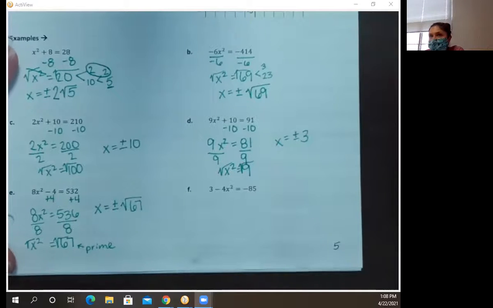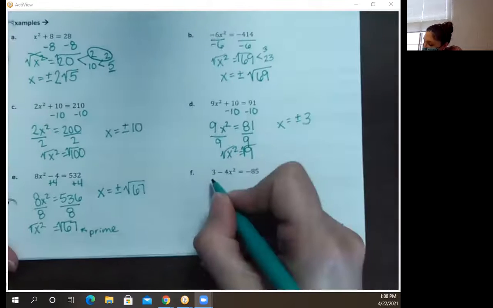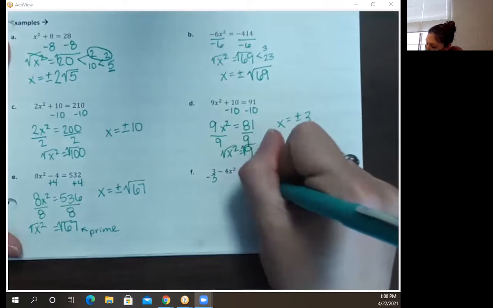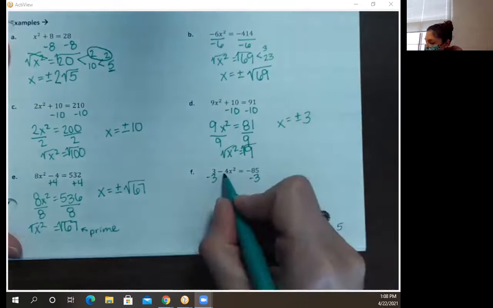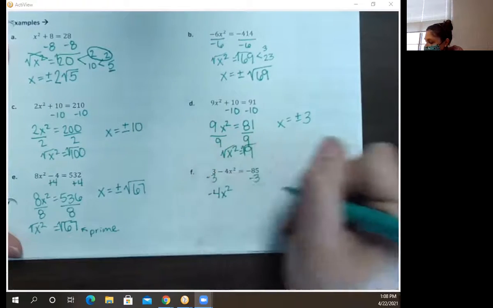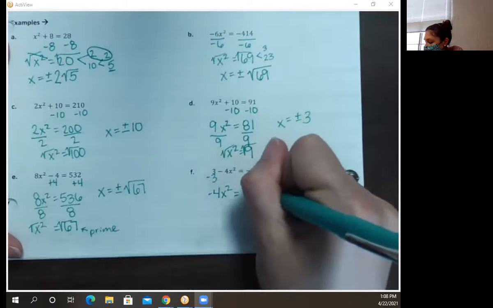And then our last one on page 5, F. Be careful with your signs on F. I want to move the 3 to the other side, so I need to subtract it. And then this negative sticks with the 4x squared. So minus negative 4x squared equals negative 88.